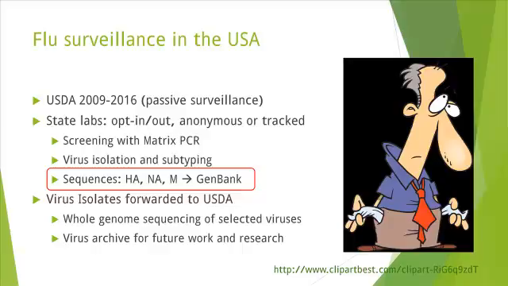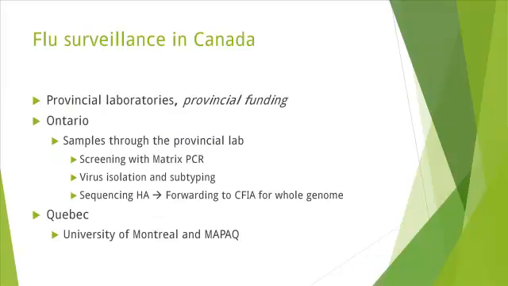Unfortunately, as it goes forward, they had to rejig it slightly, and so they are still going to cover the hemagglutinin, neuraminidase, and matrix sequencing, and those will continue to go into GenBank after they're sequenced so that they will still be publicly available. And isolates get forwarded for archiving, so researchers can use them at the USDA, and they also do whole genome.